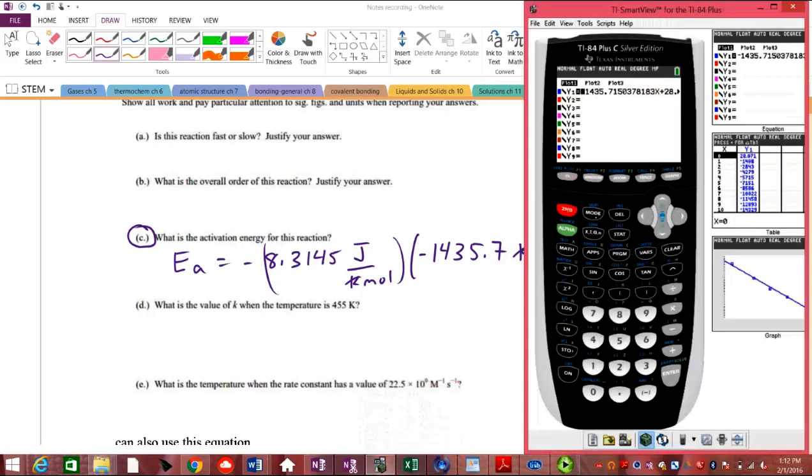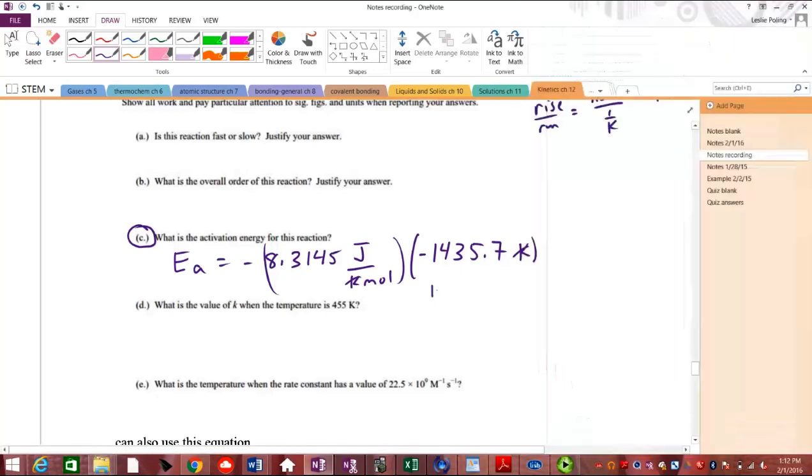So go back to our main screen. So we can do negative 8.3145 times negative 1435.7. And there we go. 11,937. That is our activation energy.